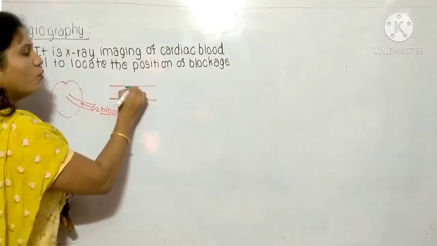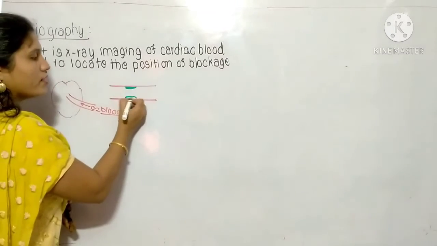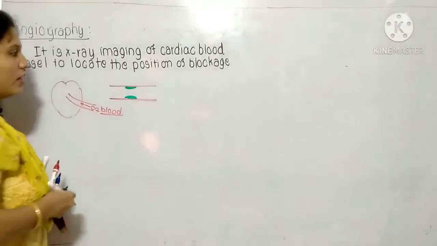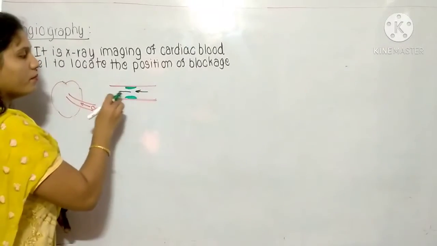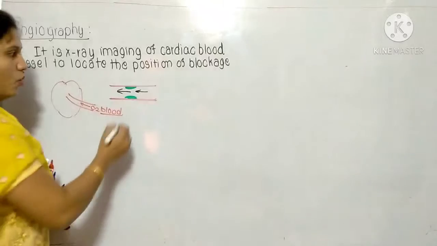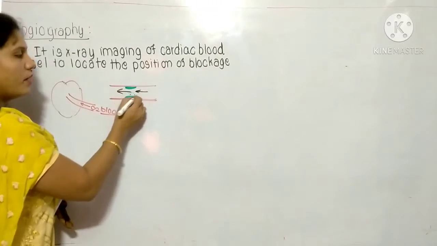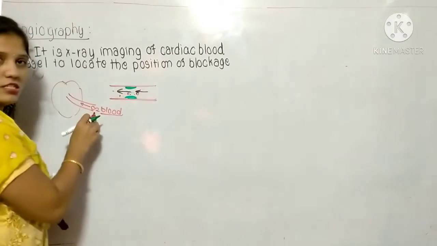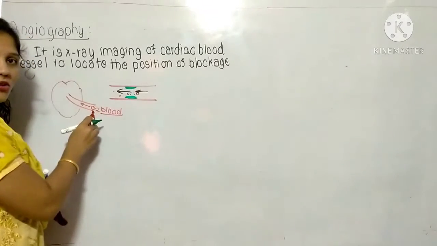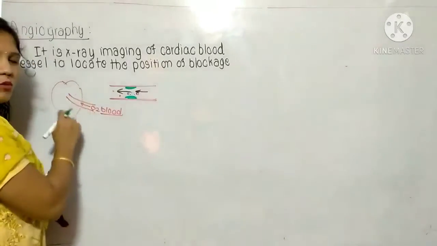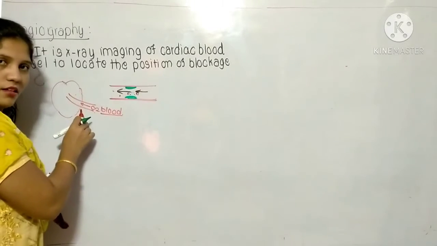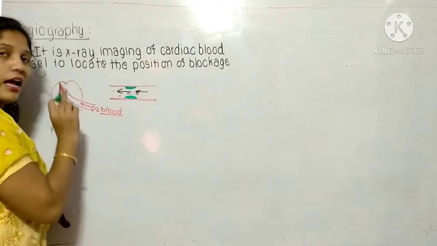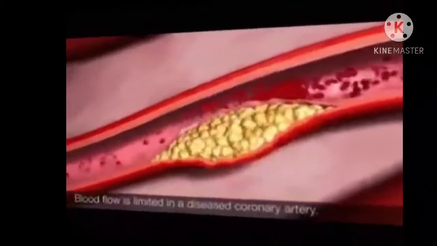Due to continuous deposition of fats, the blood cannot flow properly, and then the heart is not getting oxygen. Whenever the heart is not getting oxygen, there is damage to the tissues and muscles of the heart, and then there is a chance of heart attack.